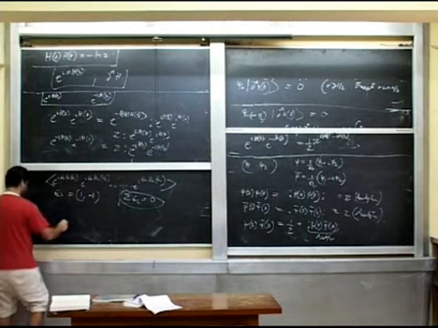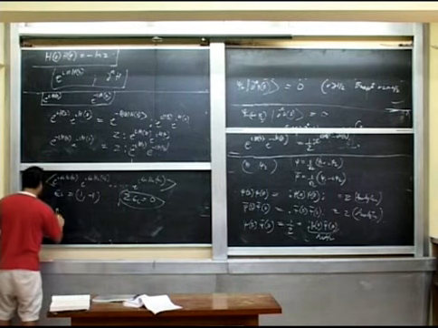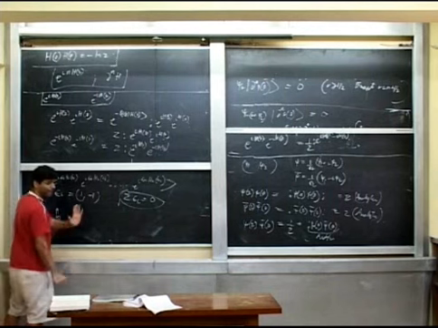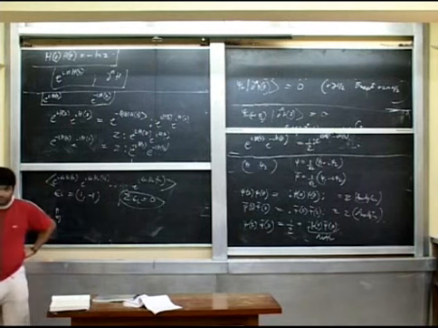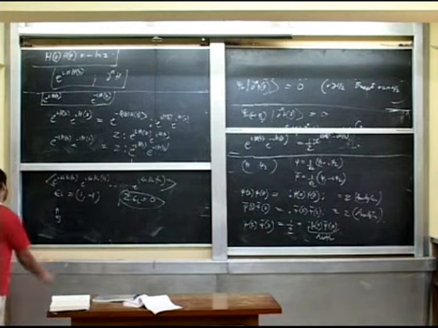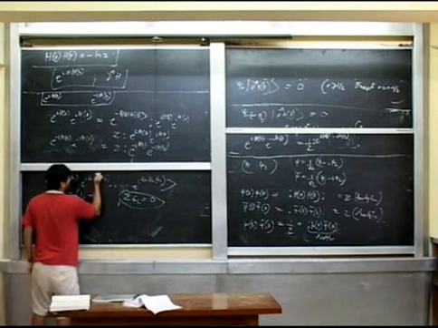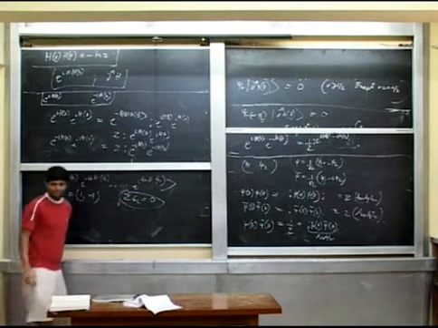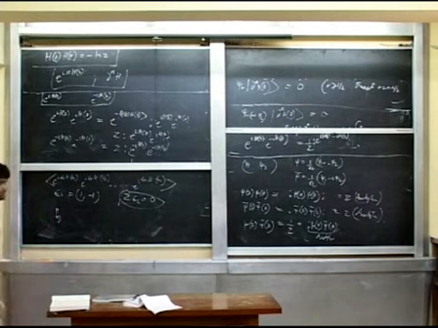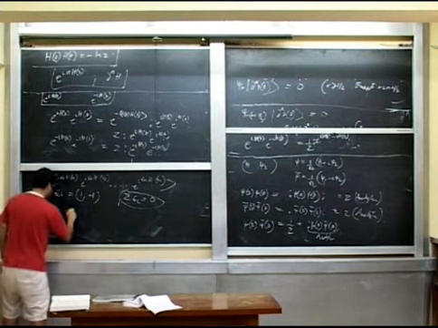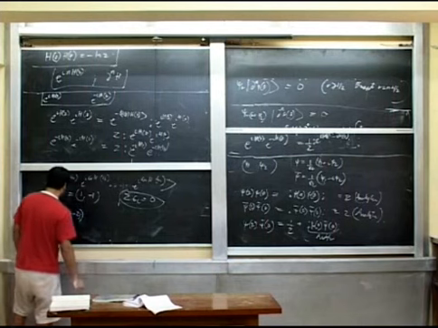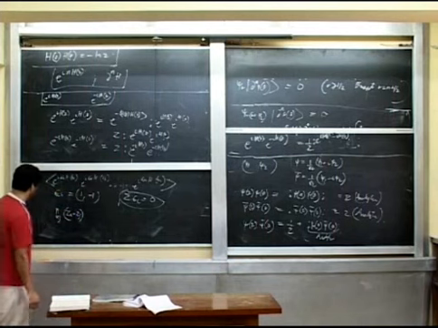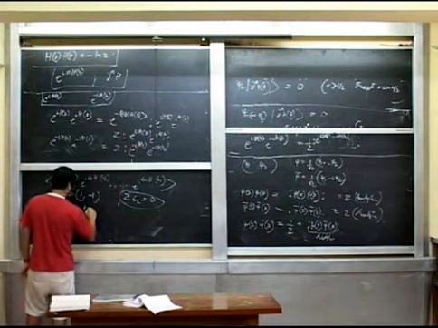So the answer I'm going to give you is the product over i less than j, up to a number, I won't tell the number, of z i minus z j to the power epsilon i epsilon j.